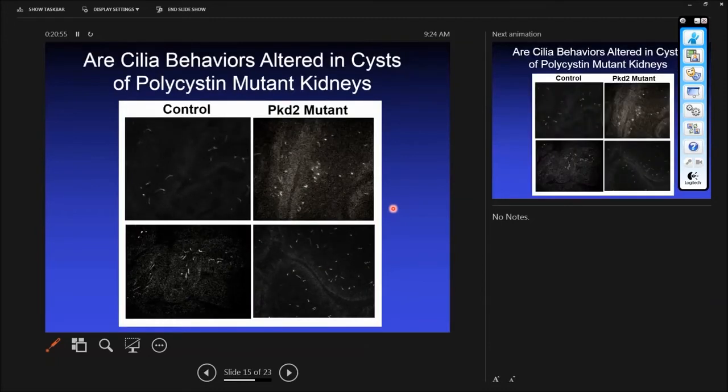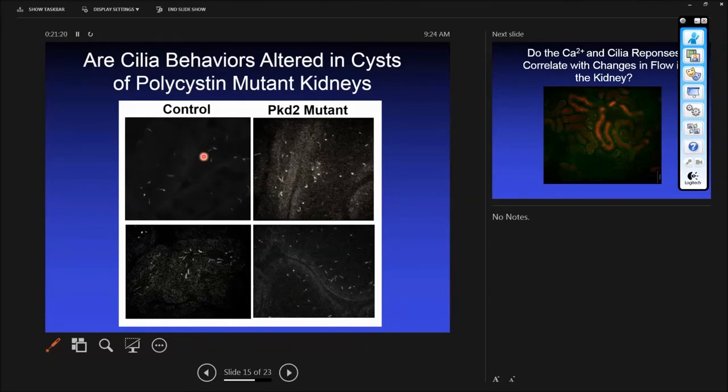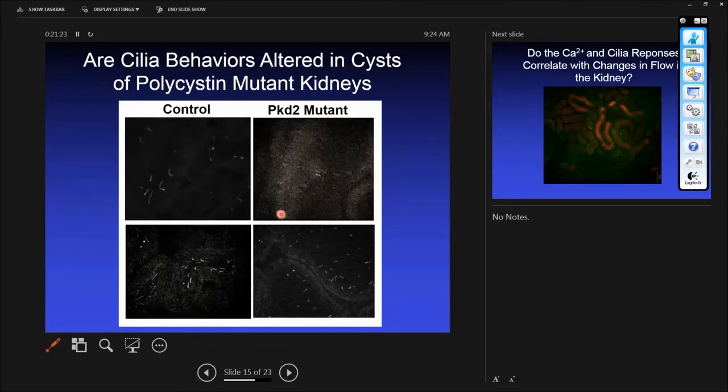So we started to look at that, and my movie's not playing here, so let's try it again. In the control conditions, we note the cilia flopping back and forth. We'll see if this movie's going to play or not. Here would be a big cyst, and here's another one. What we noticed in the PKD mutants is that instead of being deflected in any orientation or beating back and forth within these cysts, that does not happen.